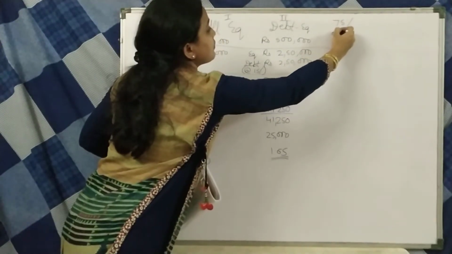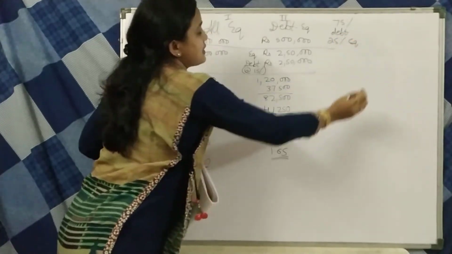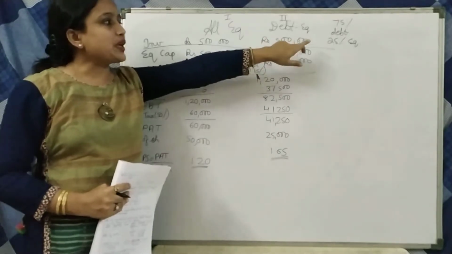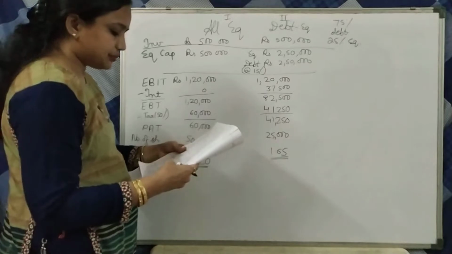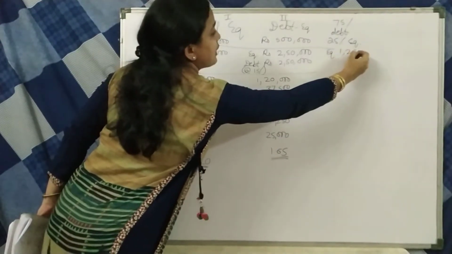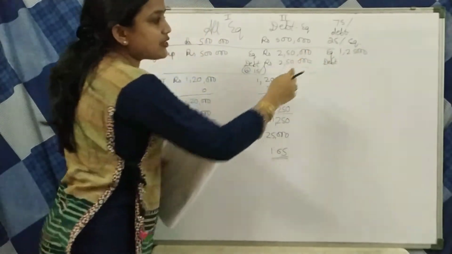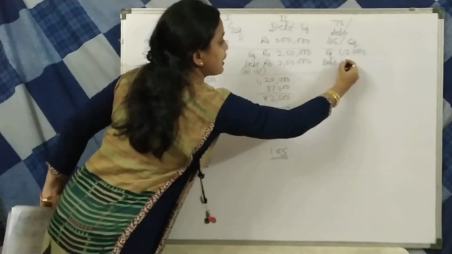75% debt and 25% equity. Now we require 5 lakhs, and 25% of that is equity. So equity will be 1,25,000 and the rest will be debt, that is 75% of this 5 lakh. It will come to 3,75,000.